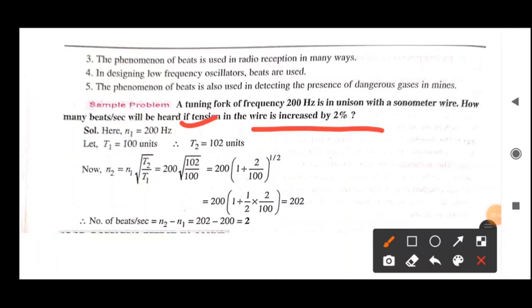Now, as we know, frequency is proportional to the square root of tension. So n2 upon n1 can be written as the square root of T2 by T1. Now you can solve this equation and find the value of n2, which is obtained as 202. Now you can see the variation between n1 and n2 is 2, so the number of beats produced per second is exactly 2.